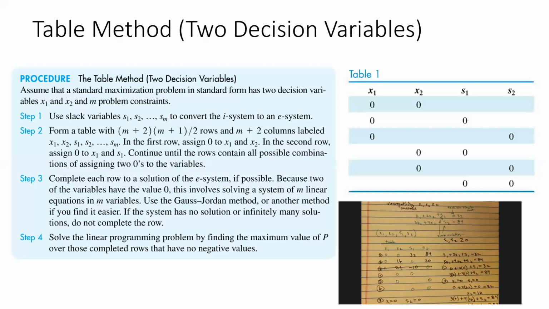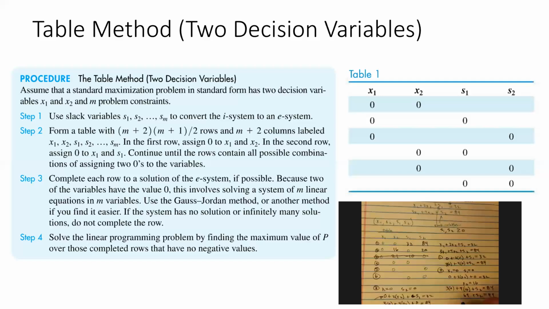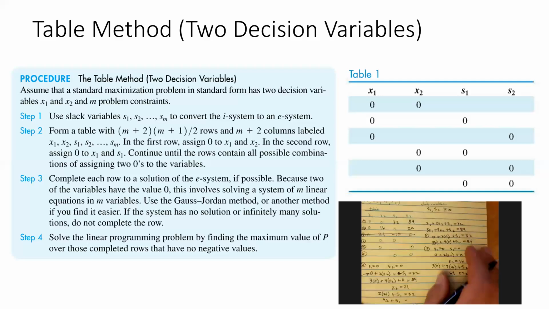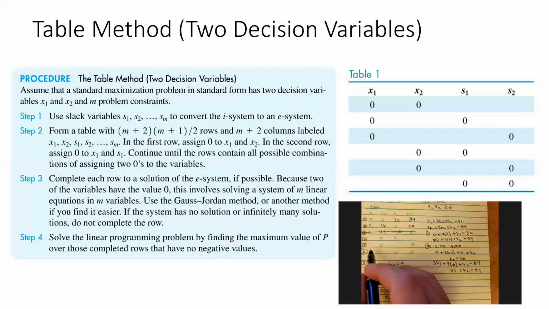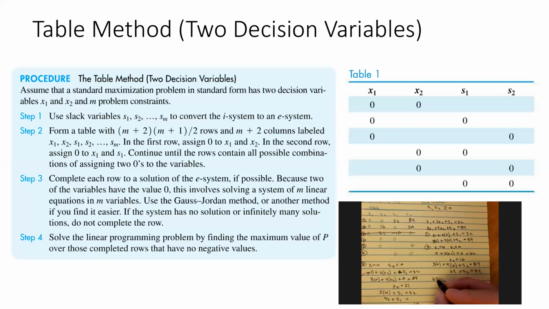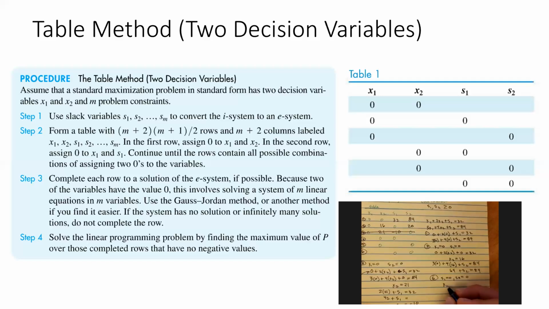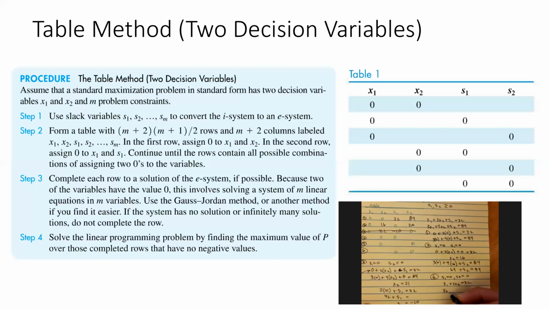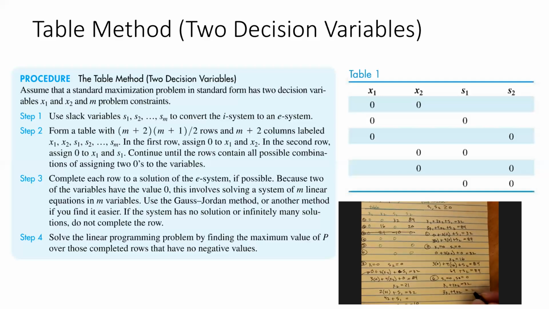You should pause right now. Actually, let's do 6 together, because I want to make sure you understand how to get 6 as well. So in the 6th one right here, we have basically s1 equals 0 and s2 equals 0, which means we basically have x1 plus 2x2 equals 32, and we have 3x1 plus 4x2 equals 84.